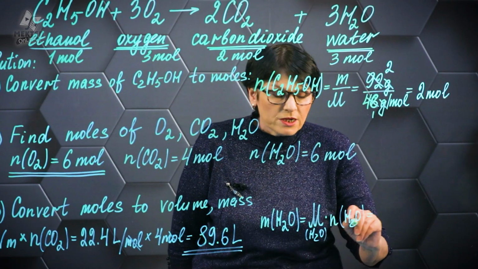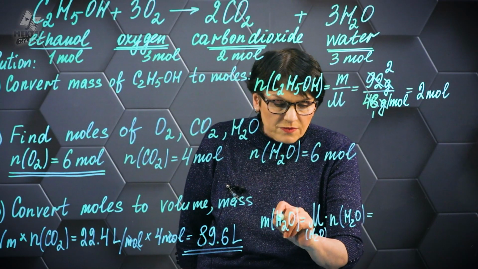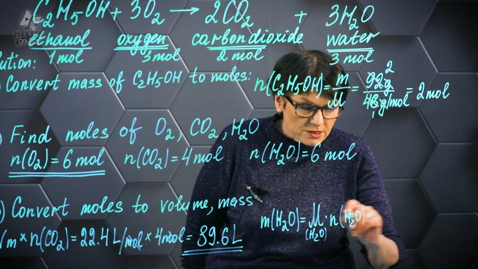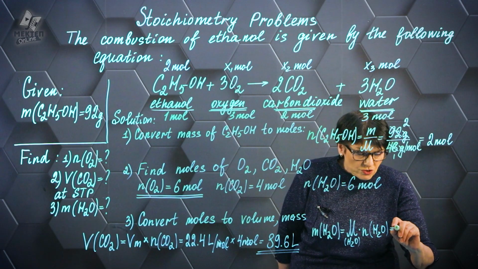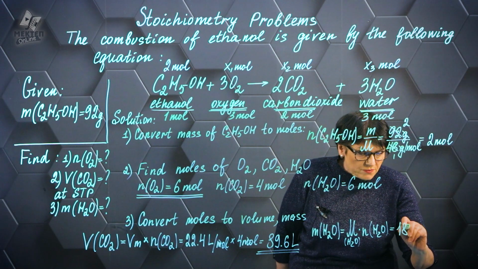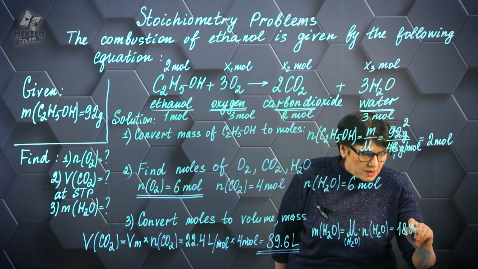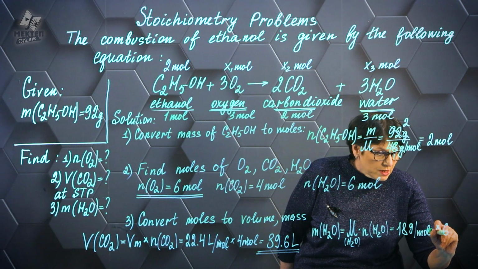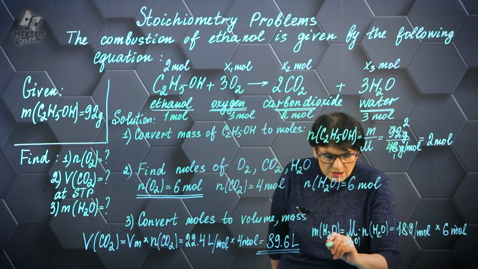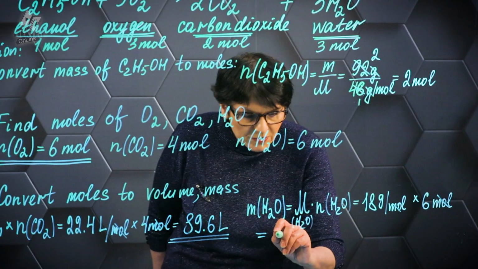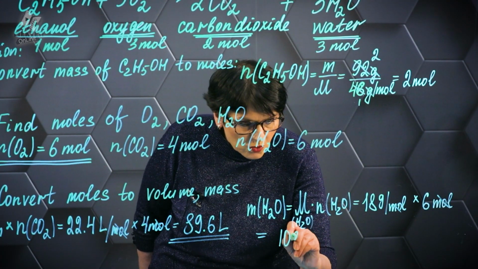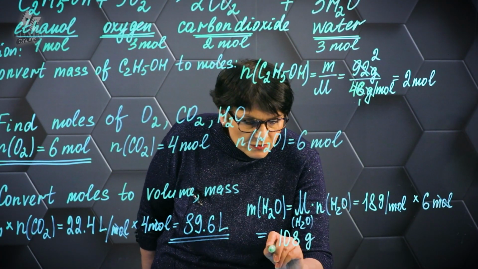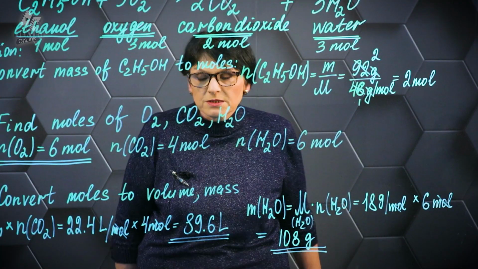For water, hydrogen is 1, oxygen is 16, and let's not forget to multiply the hydrogen by 2, so that's 18 grams per mole, multiplied by 6 moles. The mole and moles are reduced, and then we get 108 grams in the answer. That's it. Our answer is found.